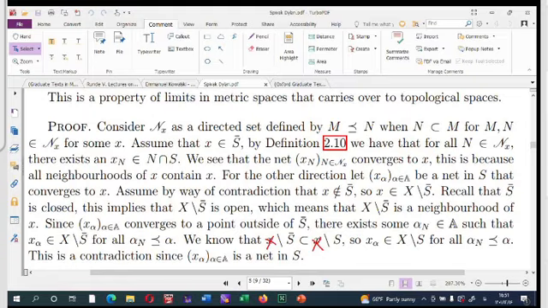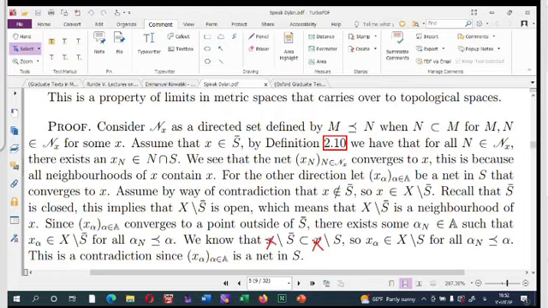But we assumed that this net converges to x, so there exists some alpha_n such that for any alpha greater than or equal to alpha_n, x_alpha belongs to this open set.